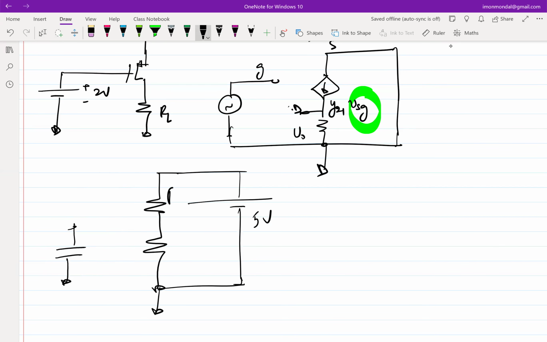Let's call it R2, R1. What relationship do you want between R1 and R2 to get 2 volts here? Yeah, so the ratio R1 by R1 plus R2 has to be equal to 2 by 5. Let's take some values. Maybe this is 2K, this is 3K. So I connect it here, and this becomes 2 volt.